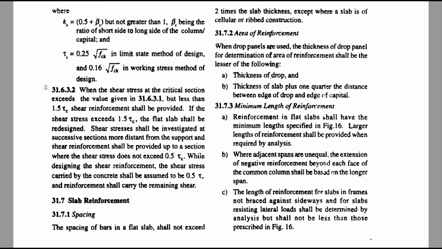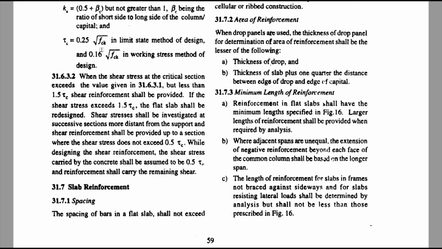So here is IS 456 2000 page number 59. We have one clause, number 31.6.3.2, where the shear stresses at the critical section exceed the value given in 31.6.3.1, which we have already calculated, shear reinforcement shall be provided, but less than 1.5 tau c. If the shear stress exceeds 1.5 tau c, the flat slab shall be redesigned.